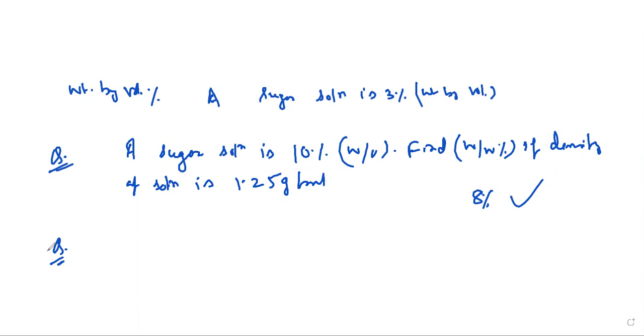Just reverse it. Find weight by volume if density is 1.2. Same 1.2. Okay.